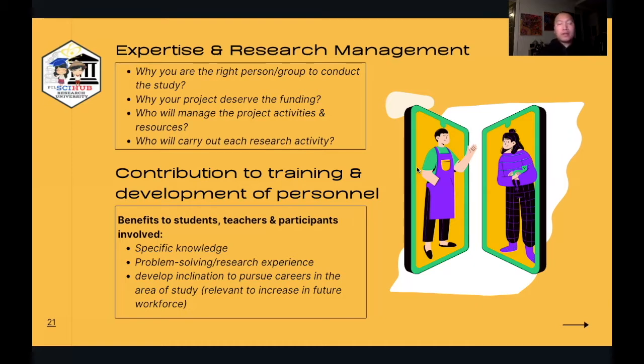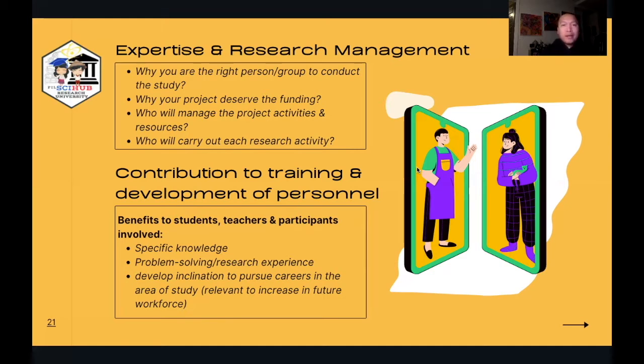So it's very important that you highlight them. Secondly, the activities or the experiments prove their problem solving skills, so you also have to be able to verbalize that in the proposal. And then the conduct of this research developed an inclination for them to later on pursue careers in this specific area of study.